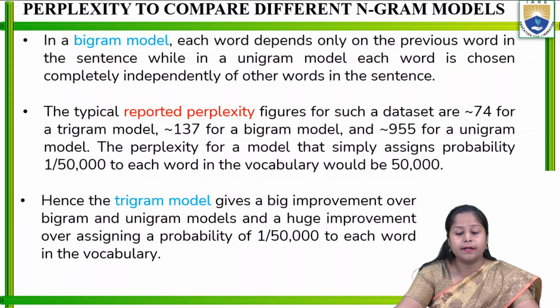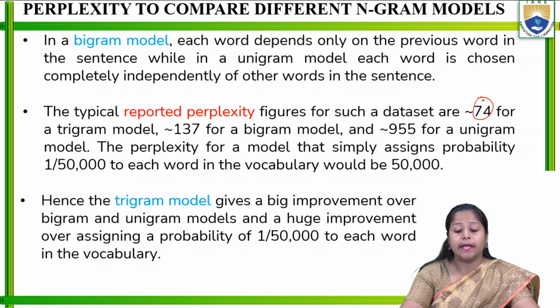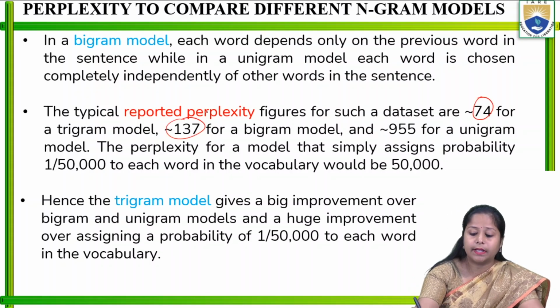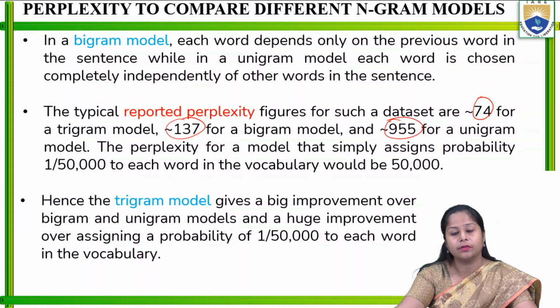Hence, the trigram model gives a big improvement over bigram and unigram. We can see that it gives a perplexity of 74, while the bigram and unigram models, giving 137 and 955, are not as accurate. The lower the perplexity, the higher the probability the model gives, and the better it works.